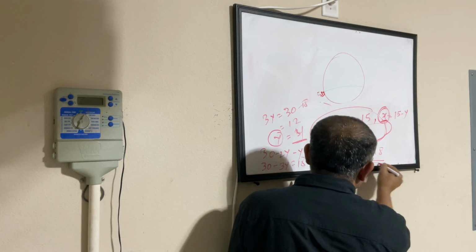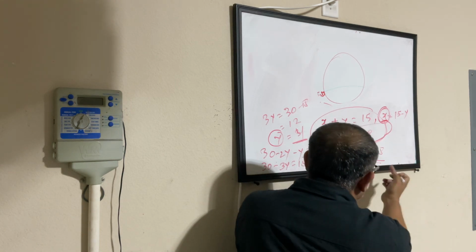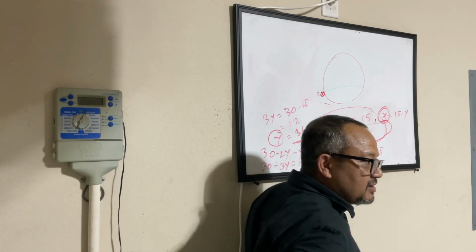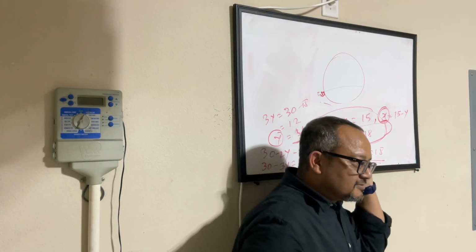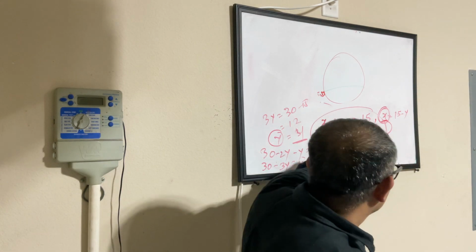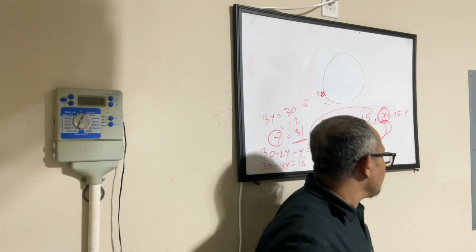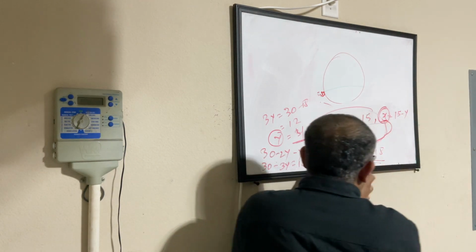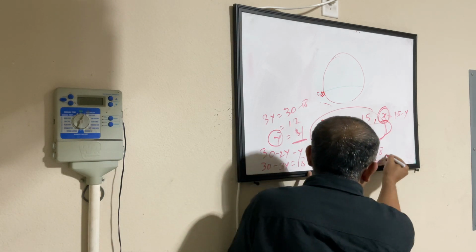By substituting this, we transform this equation into an equation with one variable. Let me repeat myself. In the first step, we isolated x. Everybody with me? We took this value of x and substituted in the second equation. And then we got this equation.